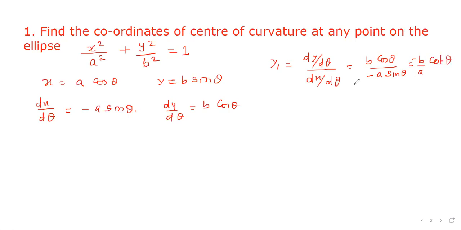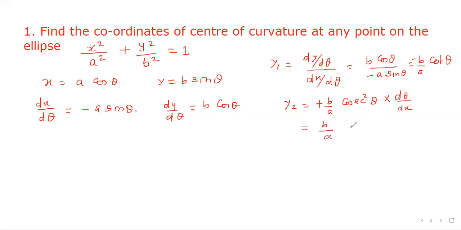Now we find the second derivative. y2 will be equal to minus b upon a, this will become cosec square theta with negative sign, so this sign will become plus. Then d theta by dx. We put the value of d theta by dx from here: this is dx upon d theta, so just the reverse of it.